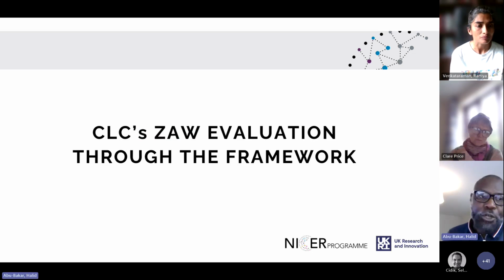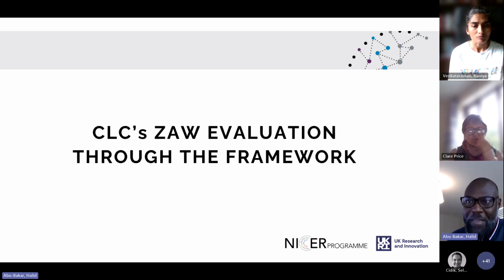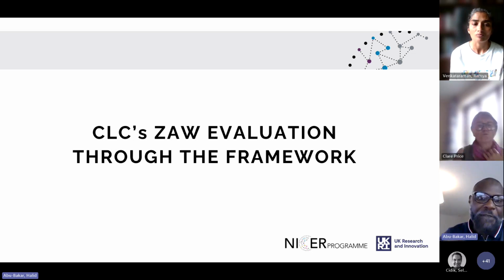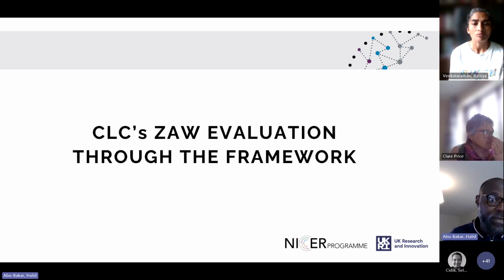So I looked into the CLC's construction roadmap, which is essentially, so just to answer your question, Ramya, probably one of the most influential construction sector roadmaps that I've come across. It's not too detailed, it's quite high level, but it actually touches pretty much every aspect of the framework that I've developed, and it has informed the development of the framework as a benchmark.